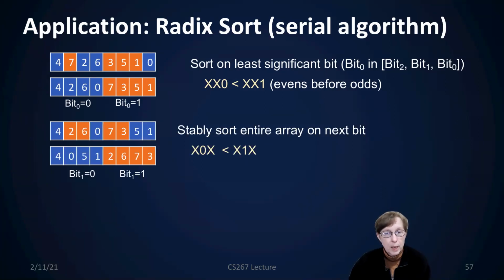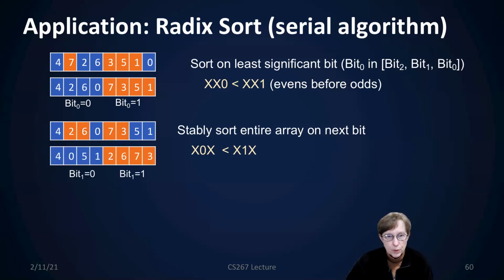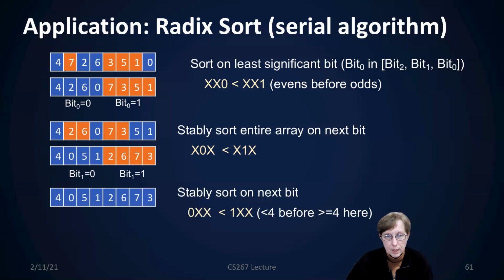Now the things that in the second position have a 0 end up on the left, and the ones that do not end up on the right. Similarly, we can do the same thing on the next bit, and we'll stably sort on this array.